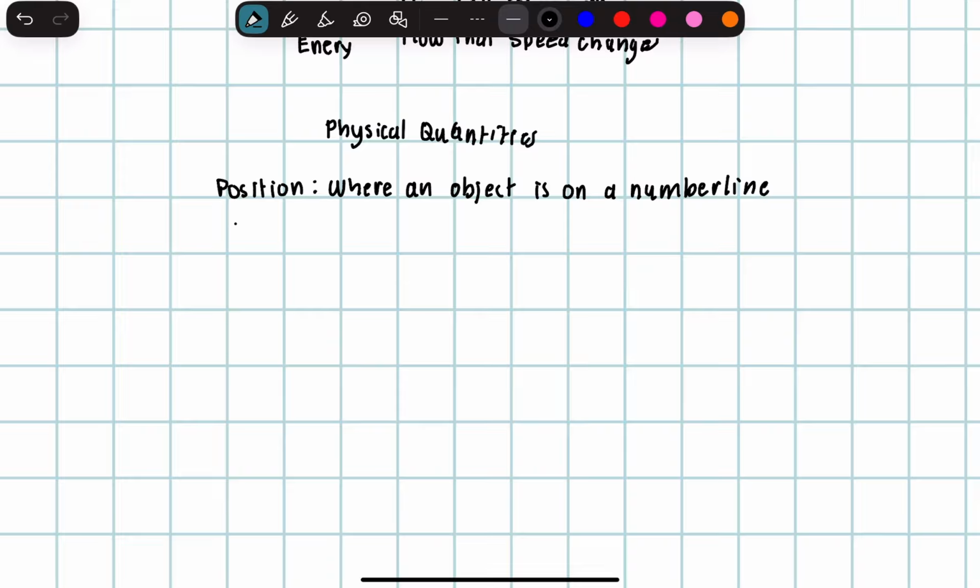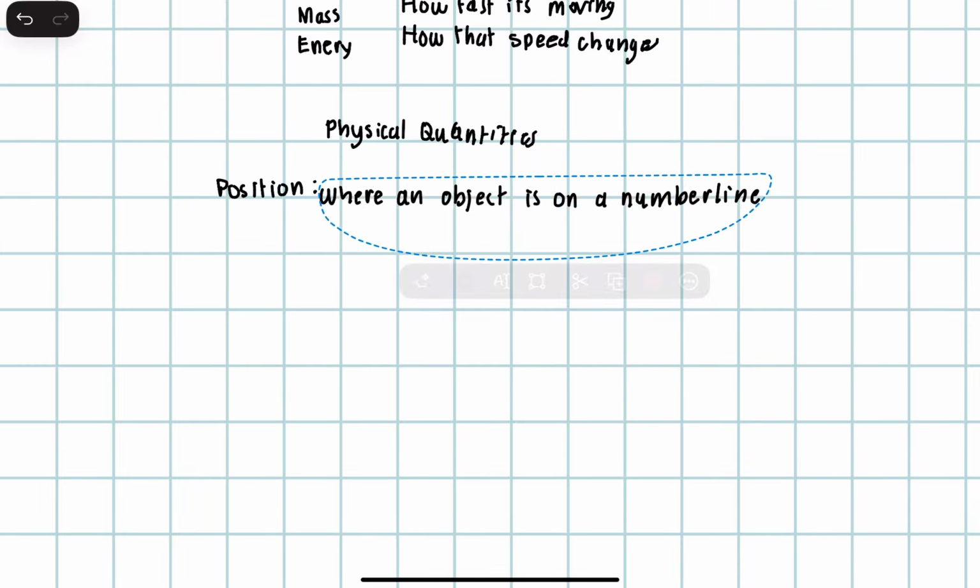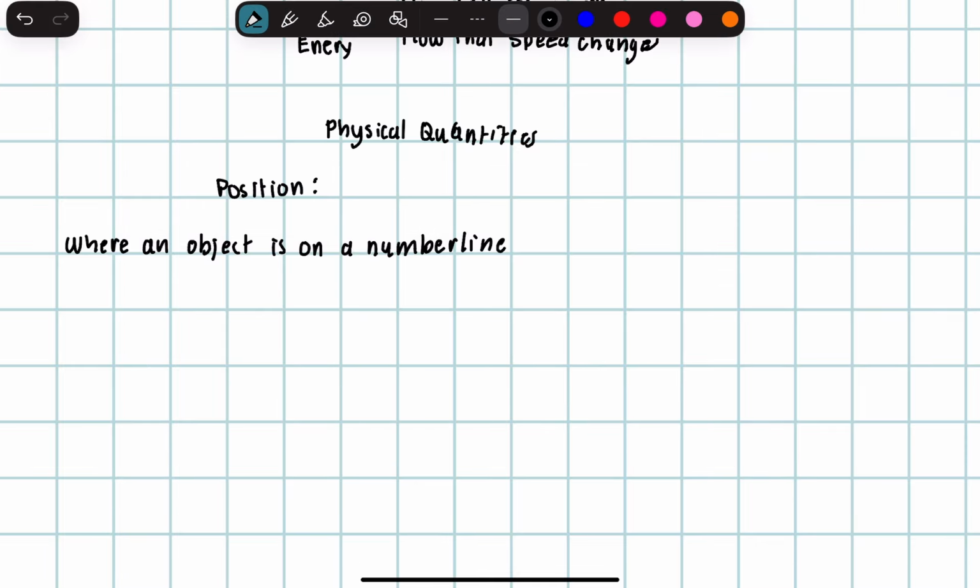We usually call it just X. And this is in 1D motion. And it's measured in meters.